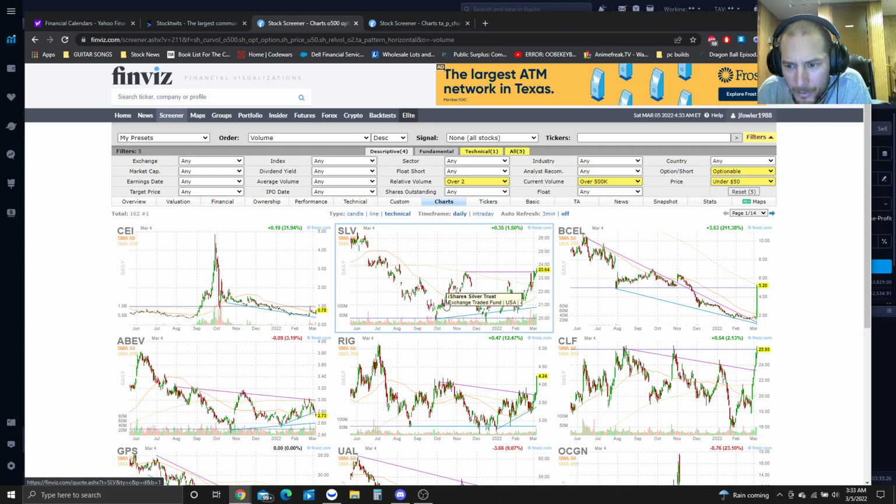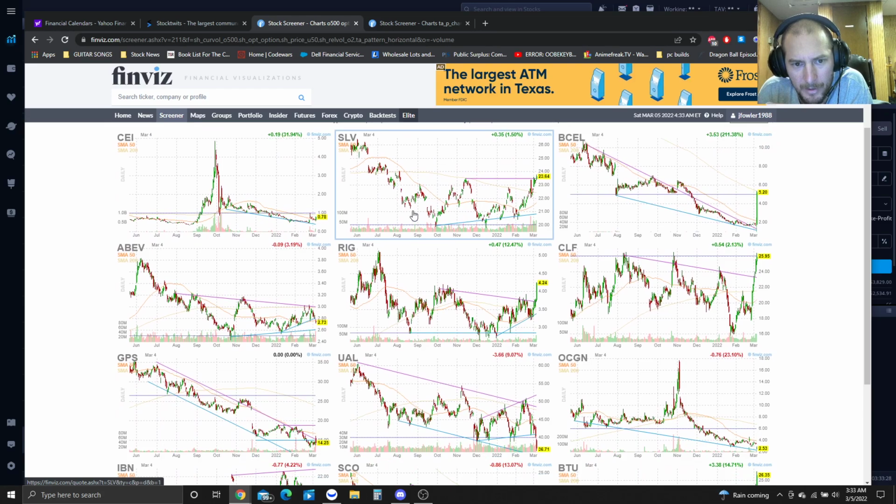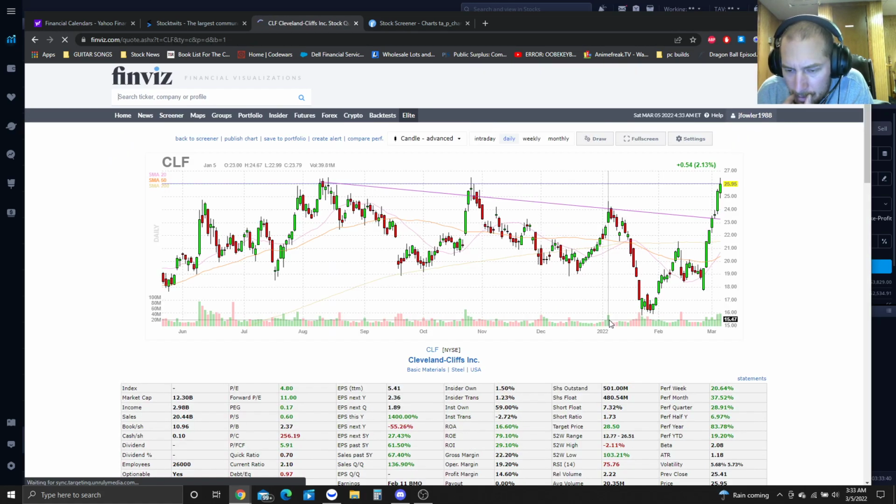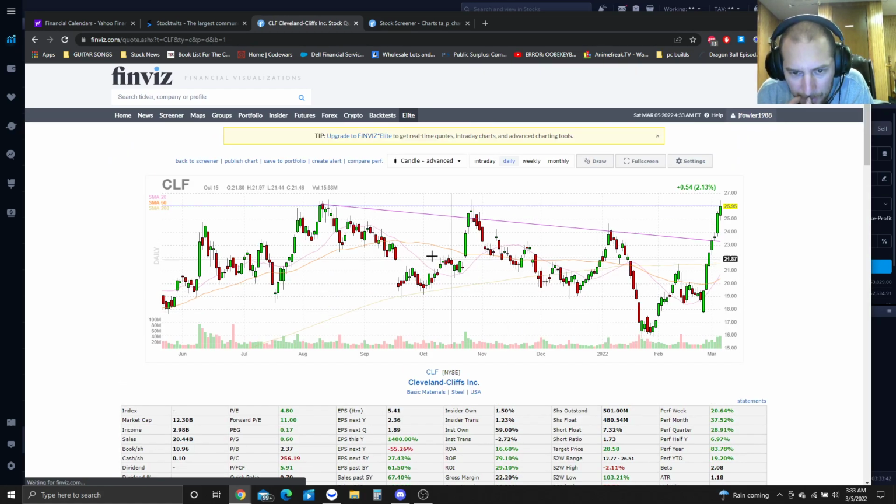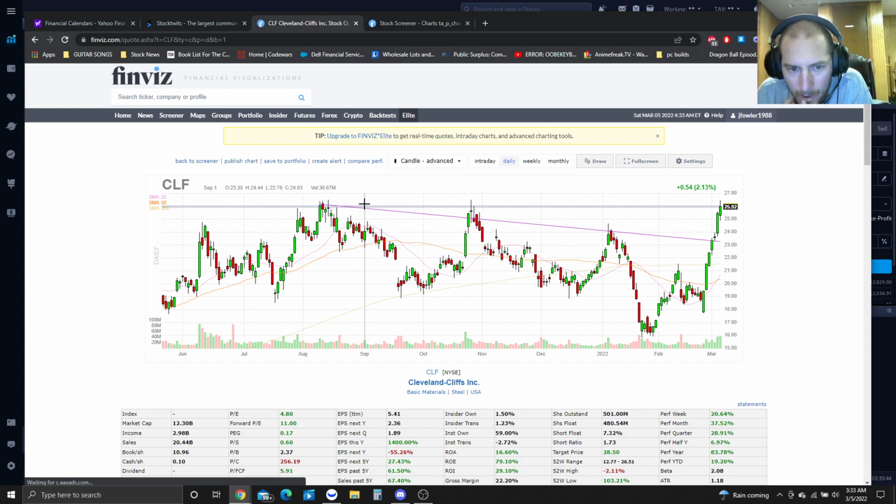With this war and stuff going on in Ukraine, silver could be a good bet here, and we are breaking out of a very strong resistance level. I don't quite necessarily like this one though, honestly. CLF looks really, really good. This is definitely, in my opinion, due for a pullback here.